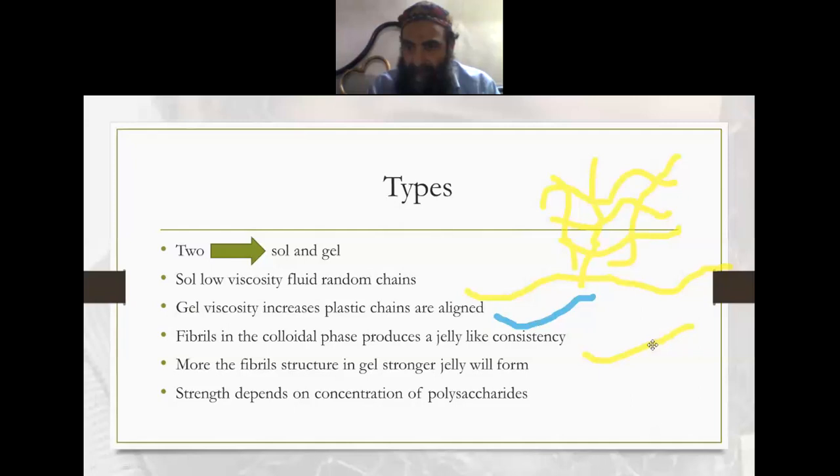So these are the random chains and these are the aligned chains. They have no interaction in between.